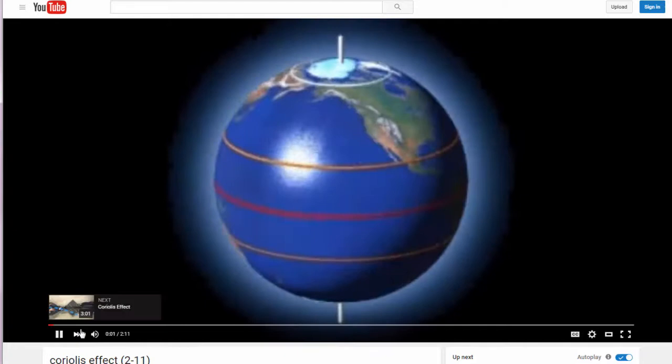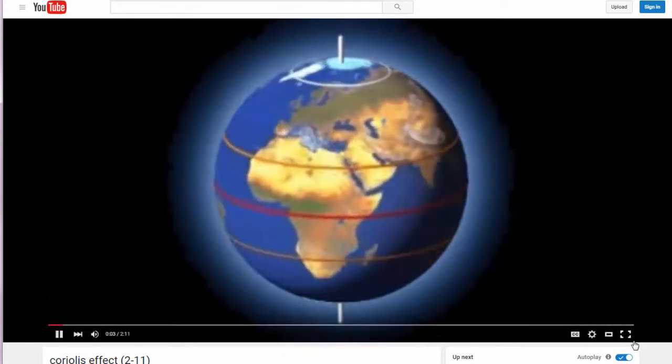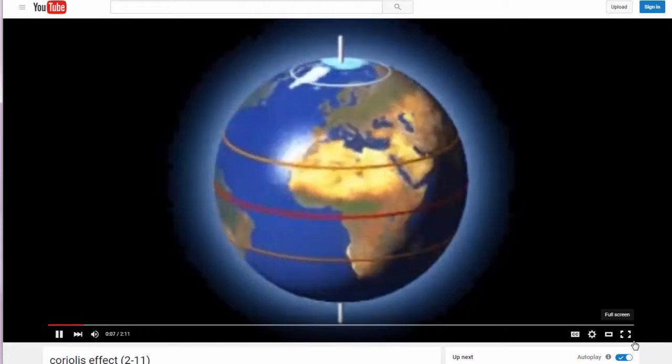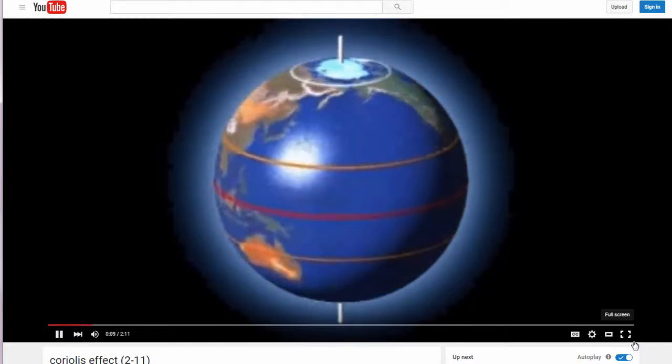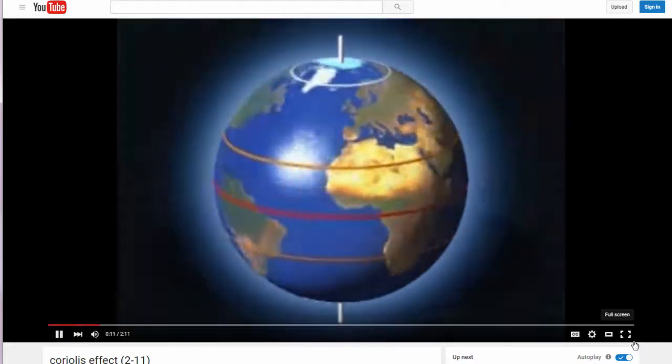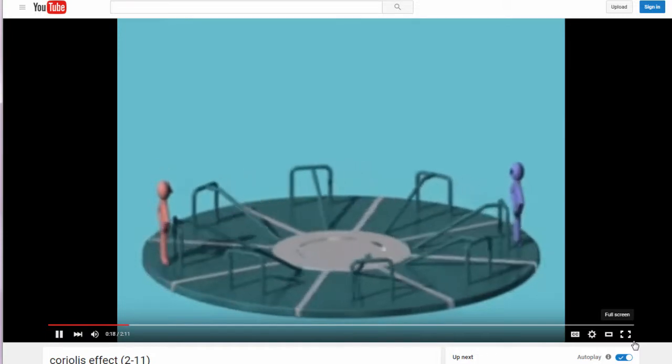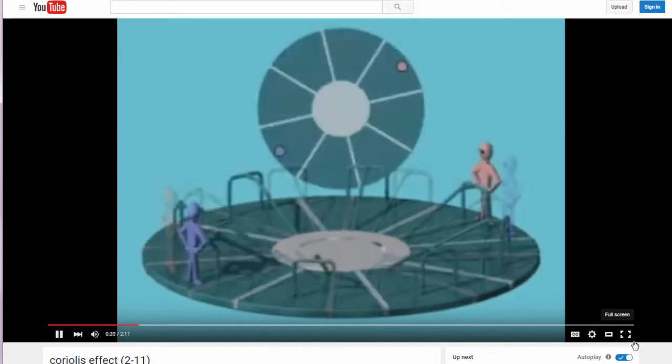Coriolis effect. An object in motion appears to be deflected from its course, as if a force is pulling it sideways. To demonstrate this point, let's imagine a game of catch being played by two people on a merry-go-round that spins like the Earth but is flat. Without rotation, the ball appears to follow a straight path from thrower to catcher.